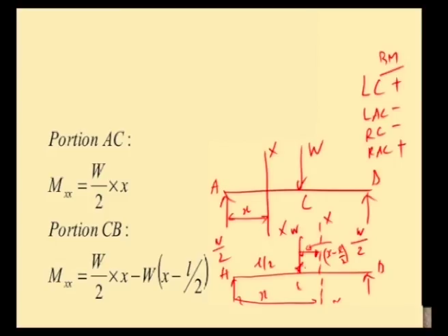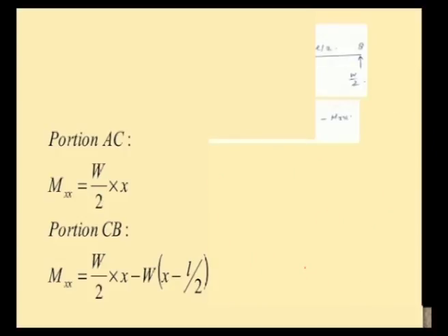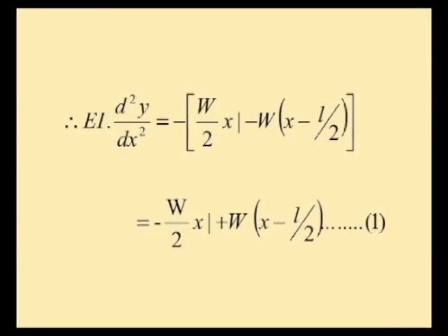So, while writing M xx on the right side of the bending equation, we can use this pattern. We have E I d squared y by dx squared equals minus, first write the M xx value for portion A C, which is W by 2 into x, then put a dotted line and write the term which is extra for portion C B, leaving the common term, because W by 2 x has already been written.